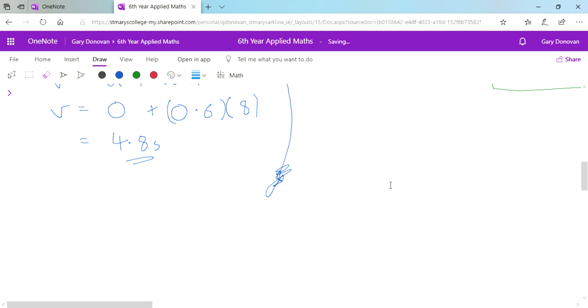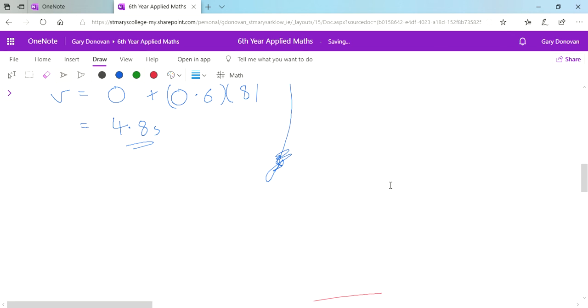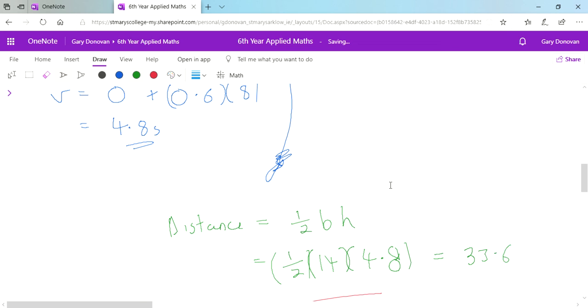Distance is half base times height, which is 1/2 times 14 times 4.8. Type that into your calculator and you should get an answer of 33.6 meters. And that's the question done.